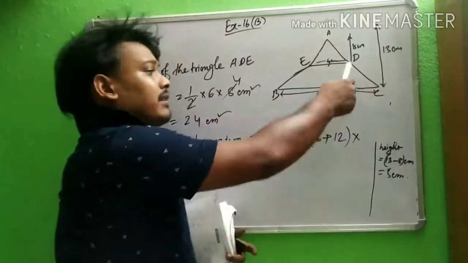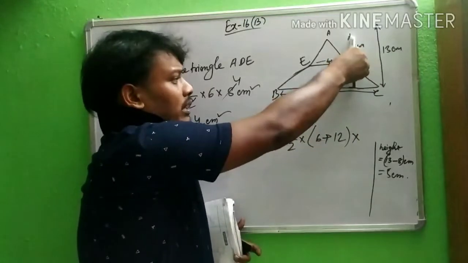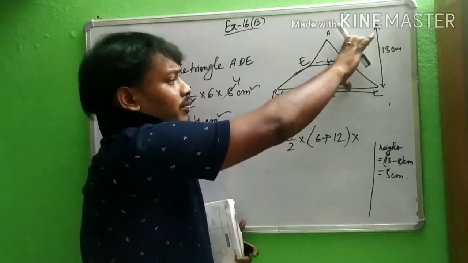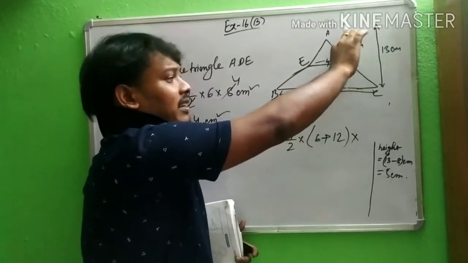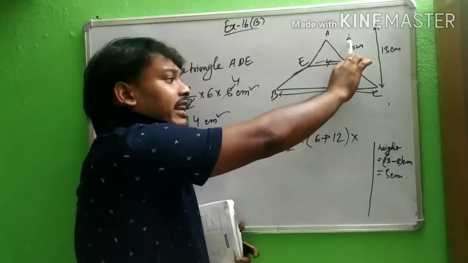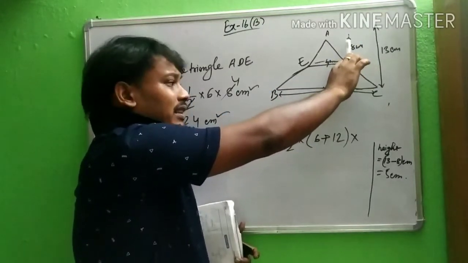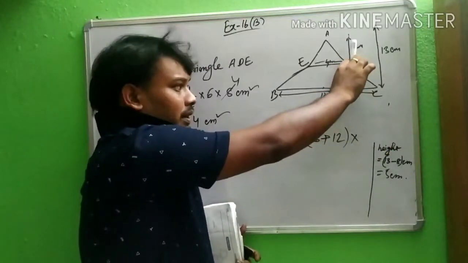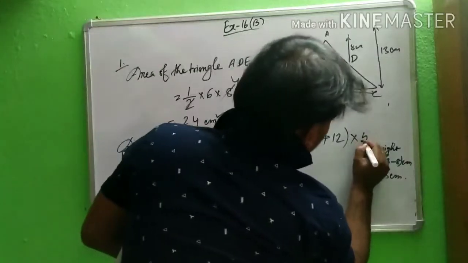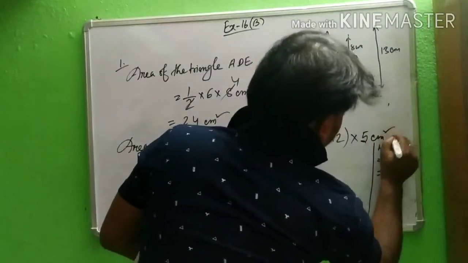I think it is clear, because total length is 13 and the upper portion is 8. So from 13 centimeter, if we subtract this 8 centimeter, this length is left. So this height is 5 centimeter.